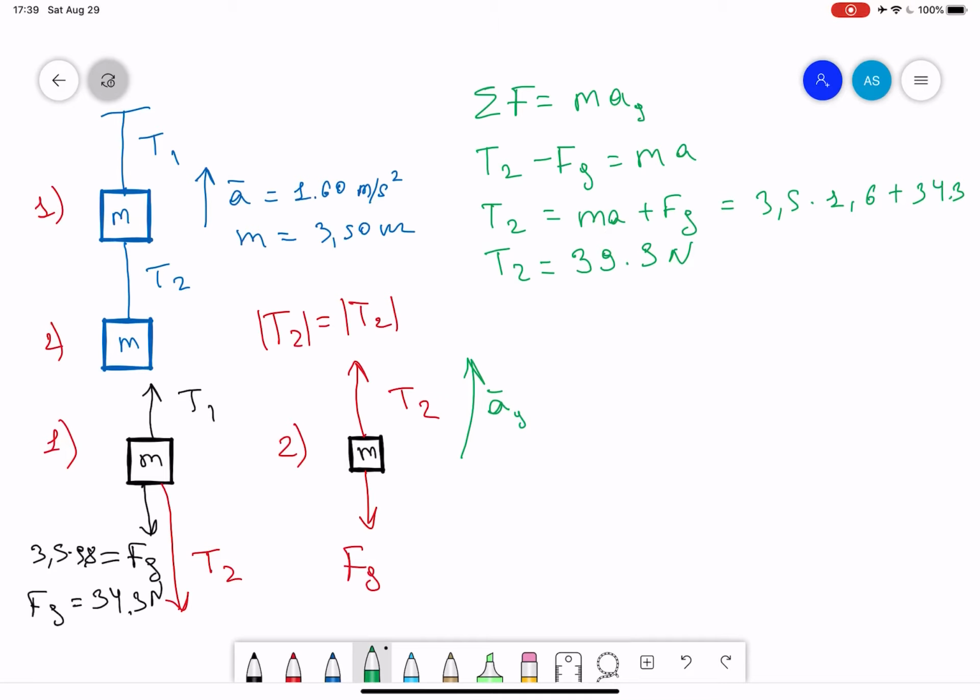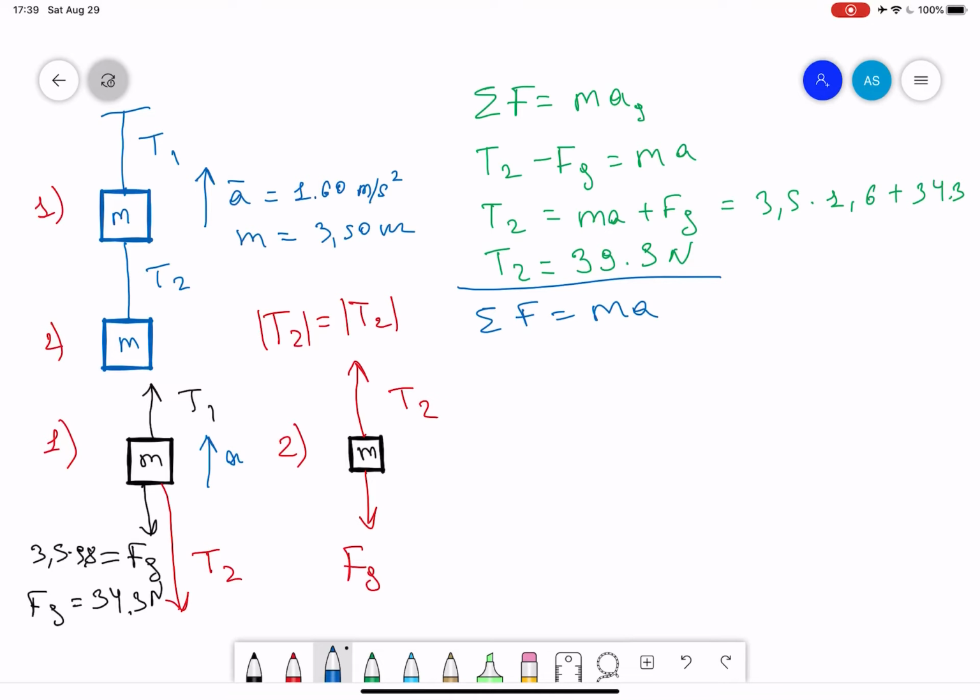So we found tension 2. What about tension 1? Now let's write down the equation for tension 1. If it's moving with acceleration upwards, then again we use Newton's second law, which means the sum of the forces is equal to ma.